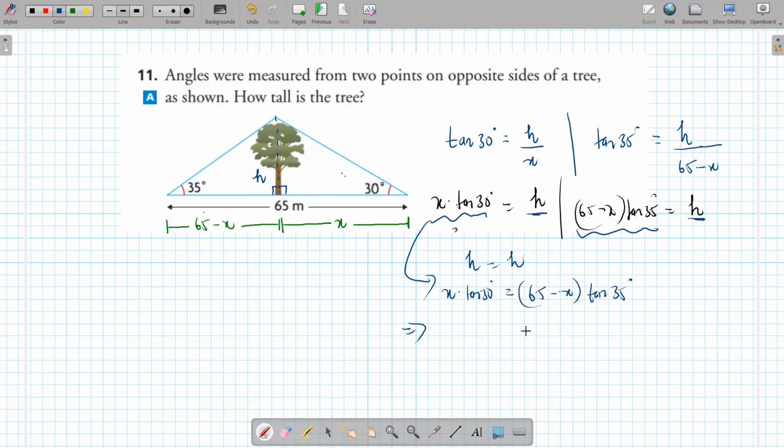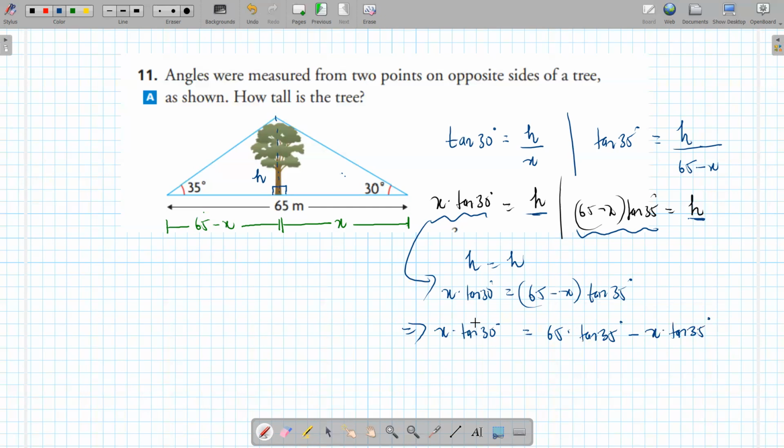There's a bracket on the right side, probably a good idea to get rid of that. So let's open that bracket. You're gonna get 65 times tan 35 minus X times tan 35. Now here we're trying to solve for X in these equations.